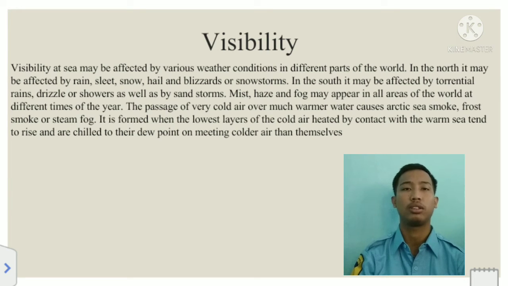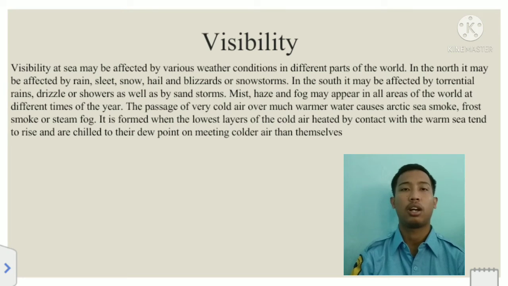In the south, it may be affected by torrential rain, glacial showers, as well as by sandstorms. Mist, haze, and fog may appear in all areas of the world at different times of the year.